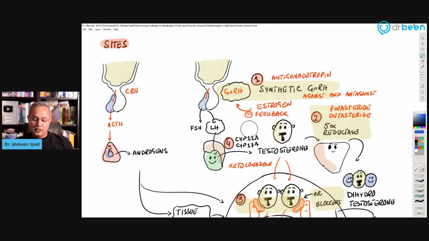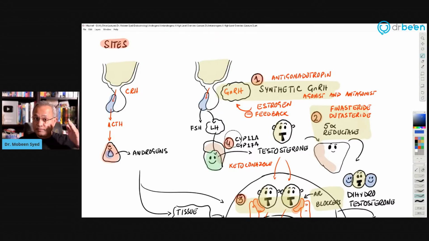Now what happens then is that when a continuous stream of GnRH is given from outside, usually by injection, once a month or every 2 months or 3 months, it goes in and acts on the pituitary.